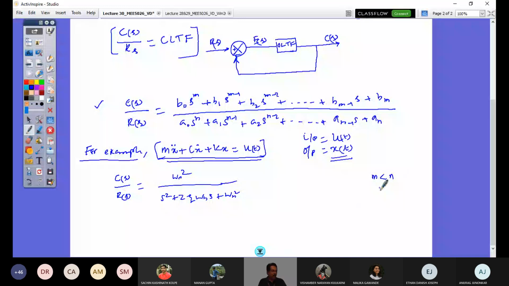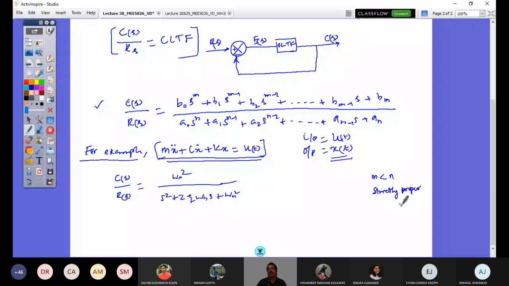You have transfer functions called proper transfer function and strictly proper transfer function. So if m is less than n, then it is a strictly proper transfer function.